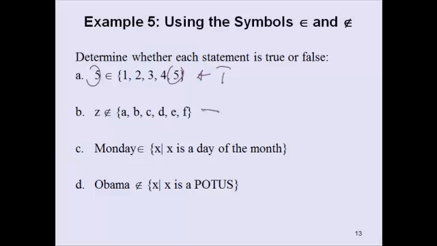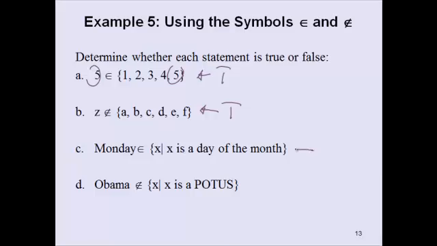And of course, this is also going to be true, right? The set does not continue on. So this is not the full alphabet. This is just the first 6 letters of the alphabet. Right? So Monday is in the set X such that X is a day of the month.